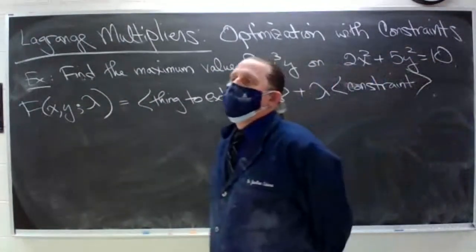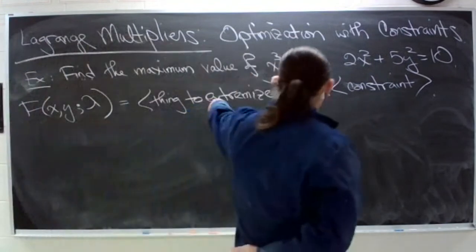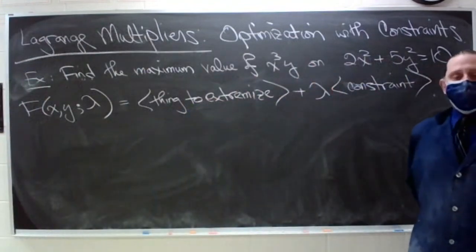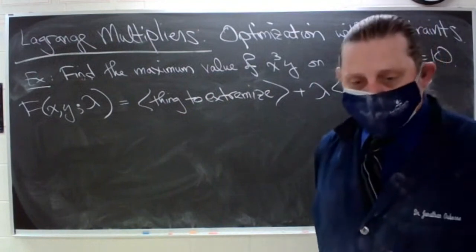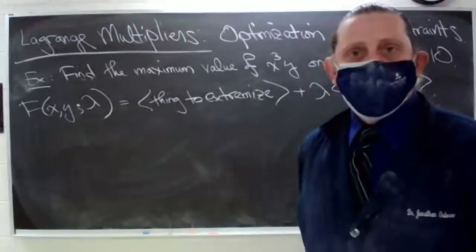And what we're going to do is define this function, capital F, as the thing we want to extremize plus lambda times the thing that equals 0 when the constraint is satisfied. Okay? That's what I mean by constraint.